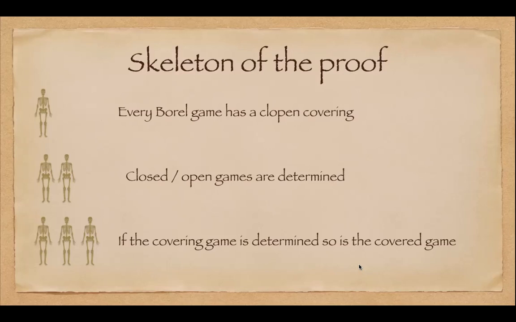The second part of the proof is to show that closed or open games are determined. Actually, we already proved it. This is Gale-Stewart's theorem. And the third part is to show that if the covering game is determined, so is the covered game.